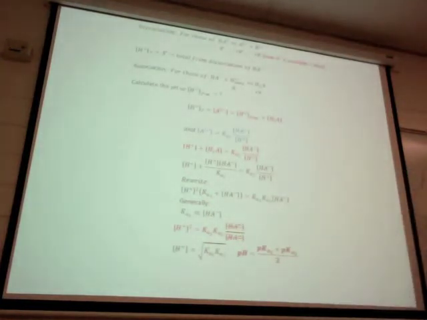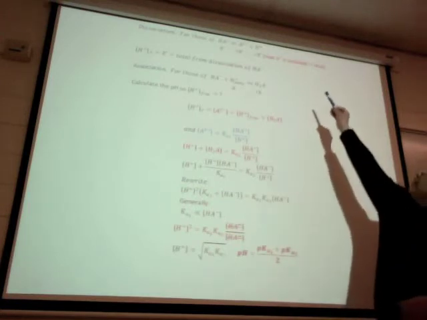Because there will be a little H plus in solution. The K value is going to be larger than the KW, 10 to the minus 14. Otherwise, water is always neutral, because the K value is larger and therefore allows the ionization. Okay, so keep that in mind now.